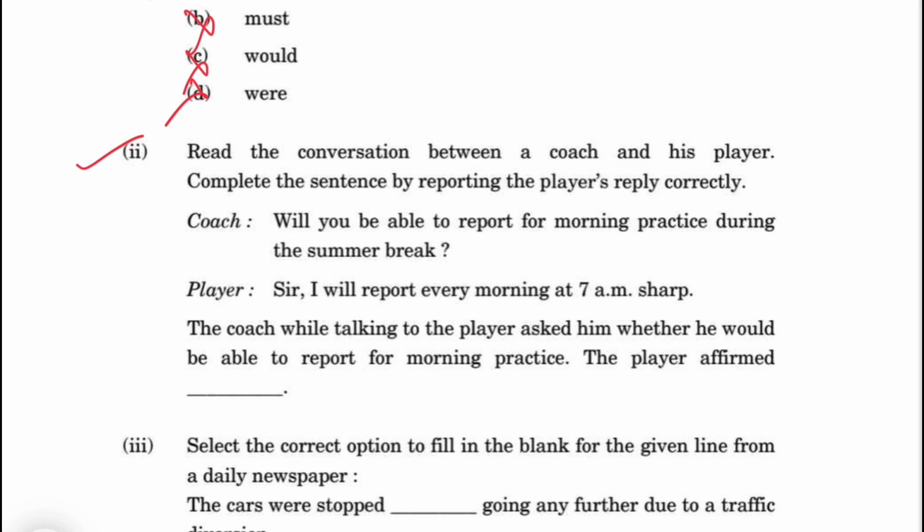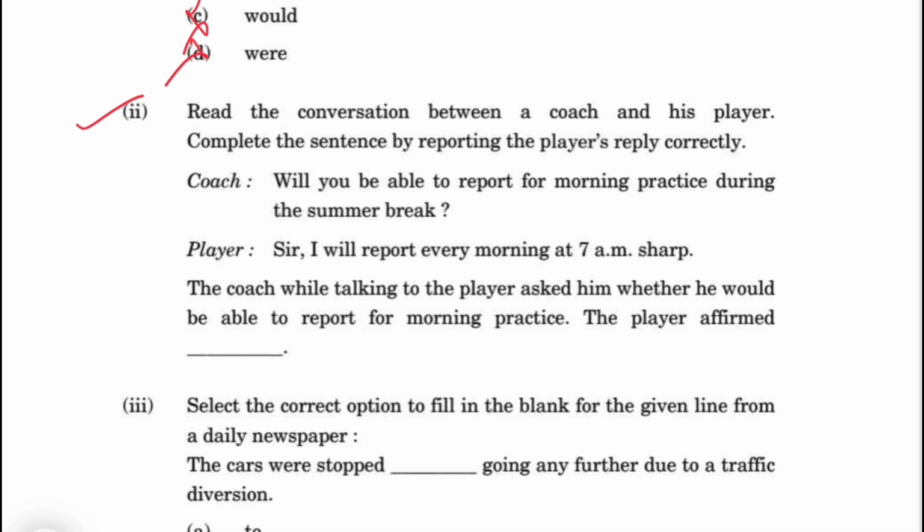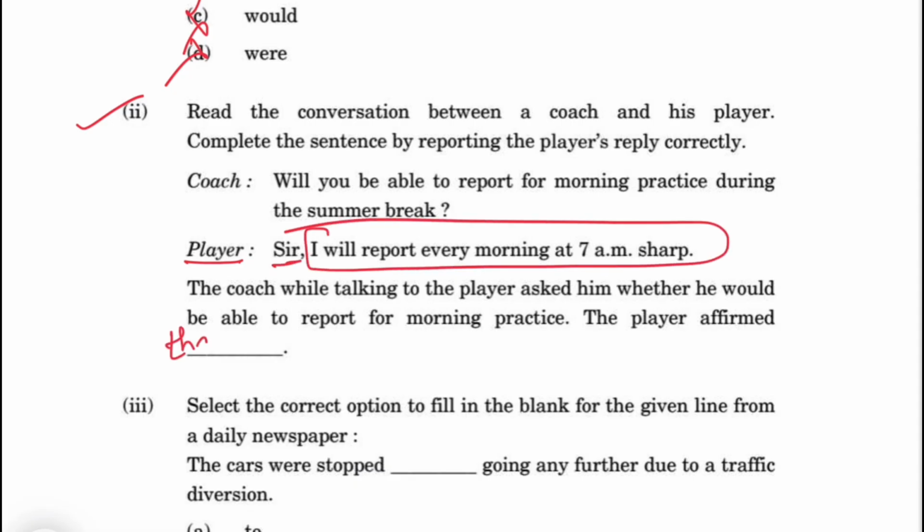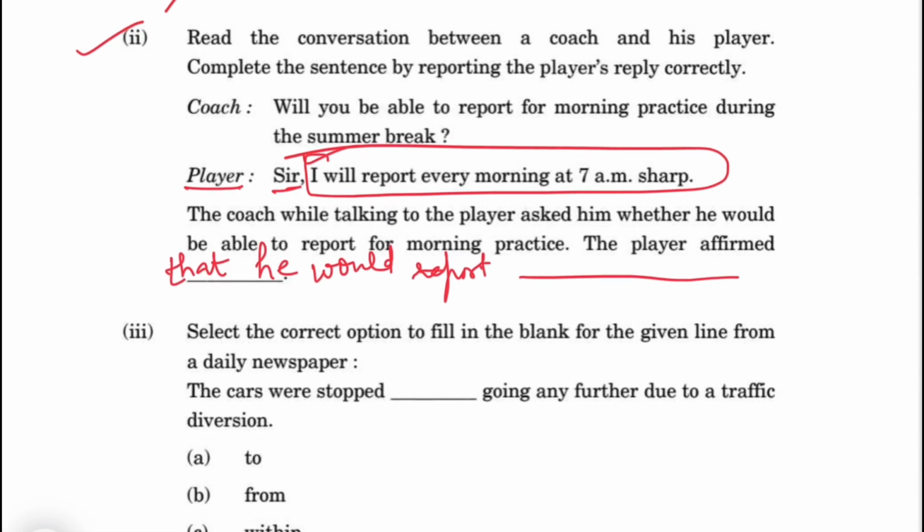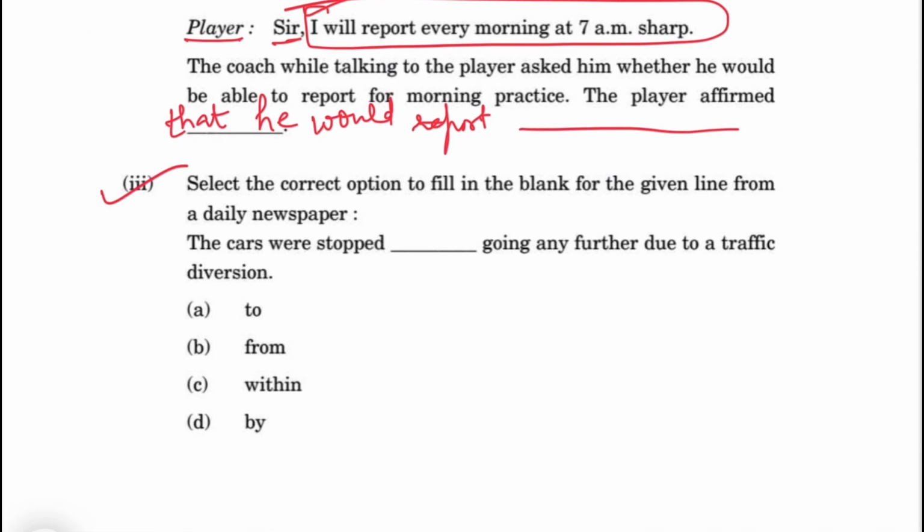"Sir, I will report every morning at 7 a.m. sharp." So the player affirmed. Now we are to change this part to he or she, since the player may be male or female: he or she would report, and the rest of the sentence is the same, every morning at 7 a.m. sharp.